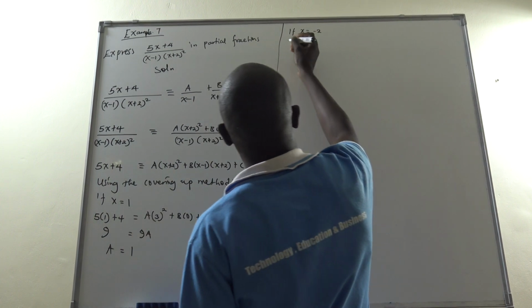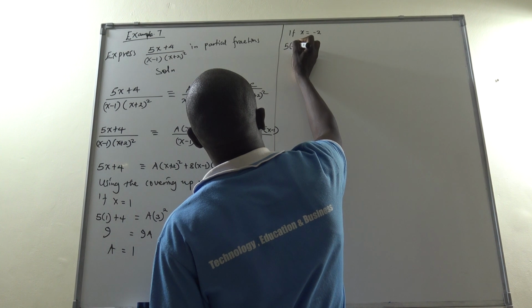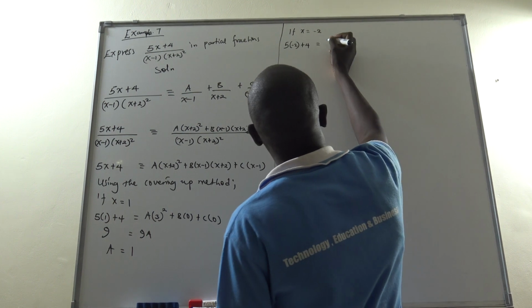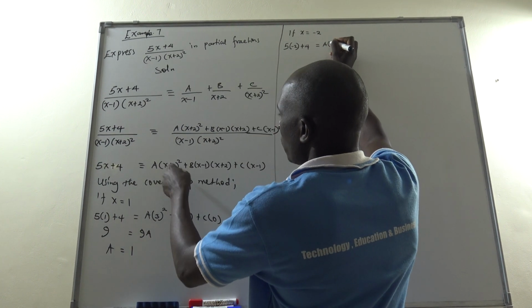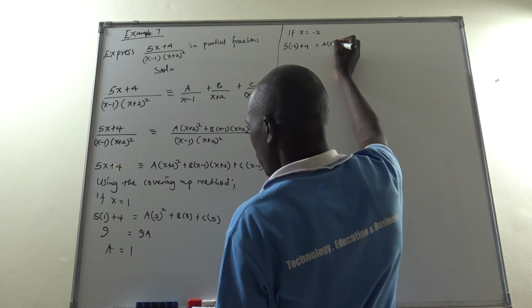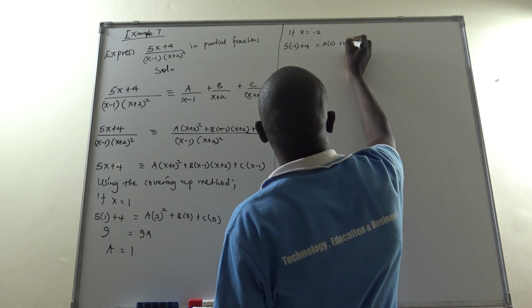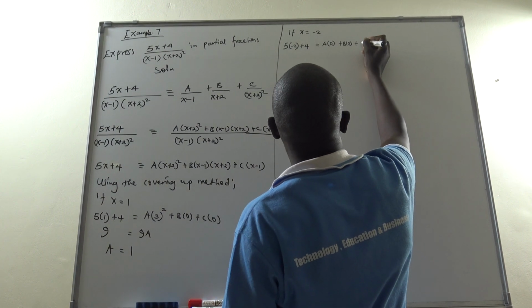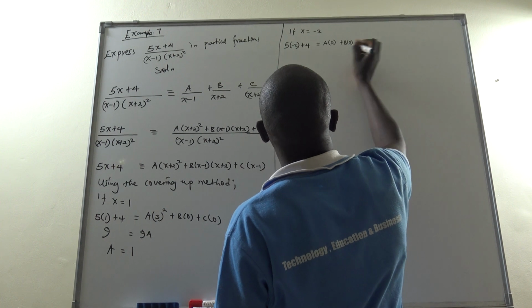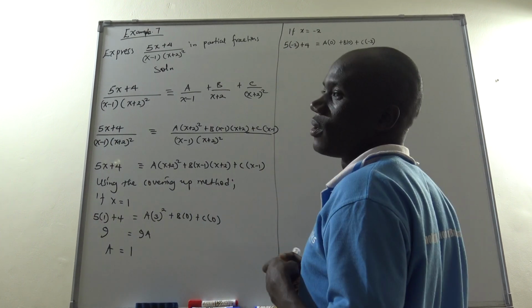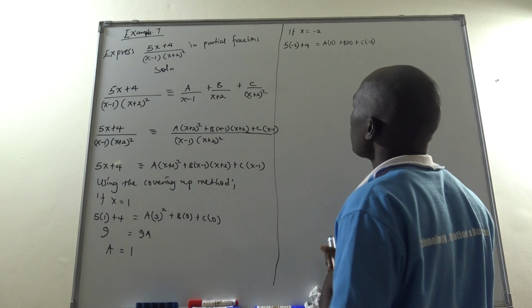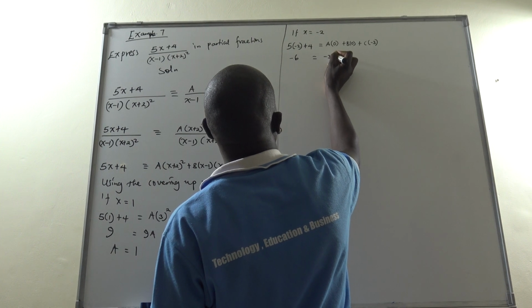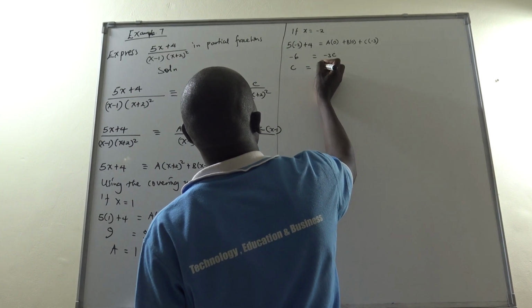So we are substituting in, we are saying 5 into negative 2 plus 4 equals A into (-2 + 2) which will become 0, plus B into 0, plus C into (-2 - 1), we are getting negative 3. So 5 times negative 2, we are getting negative 10, and negative 10 plus 4, we are getting negative 6, which is equal to negative 3C. So C alone equals 2.